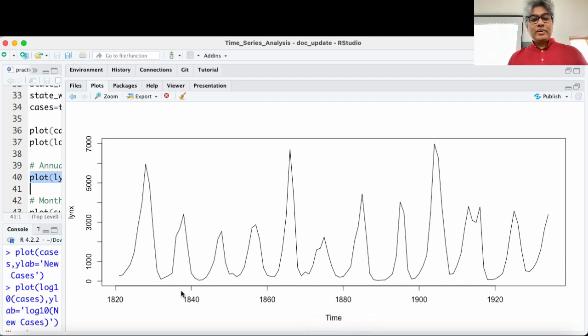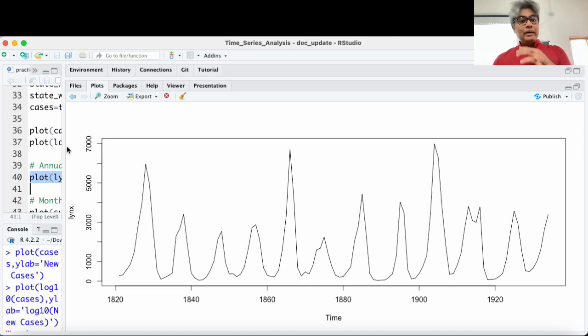Like between 1820 to 1840, there are 2 cycles. There is 1840 to 1860. There are 2 cycles. Between 1860 and so on, not 5 years, it's 10 years, right? Because in every 20 years, if there are 2 cycles, that means every 10 years 1 cycle. So the periodicity is approximately 10-11 years, right? Yeah, so my mistake. The periodicity is about 10 years, a decade of periodicity we are seeing.